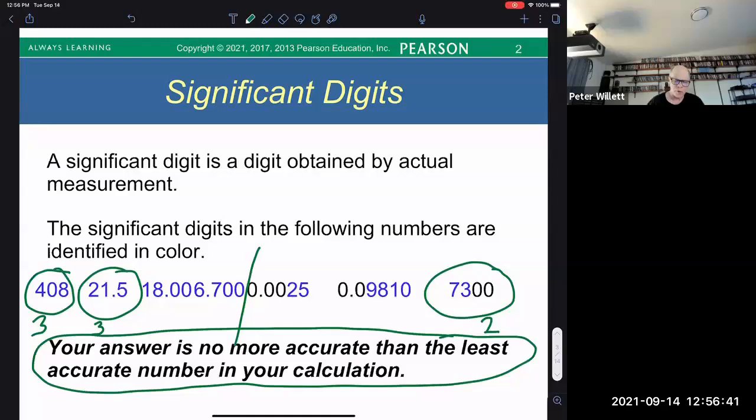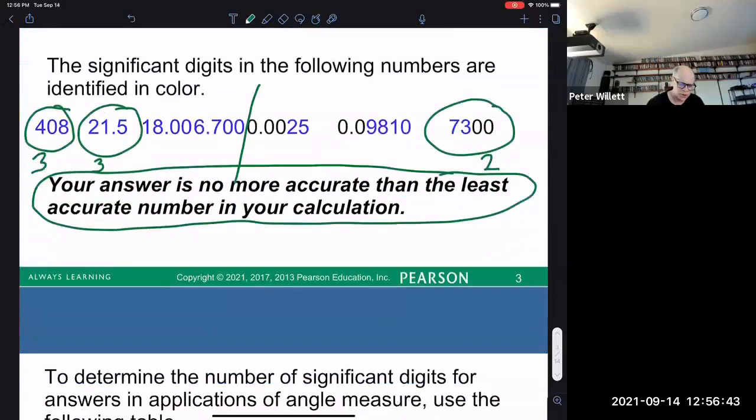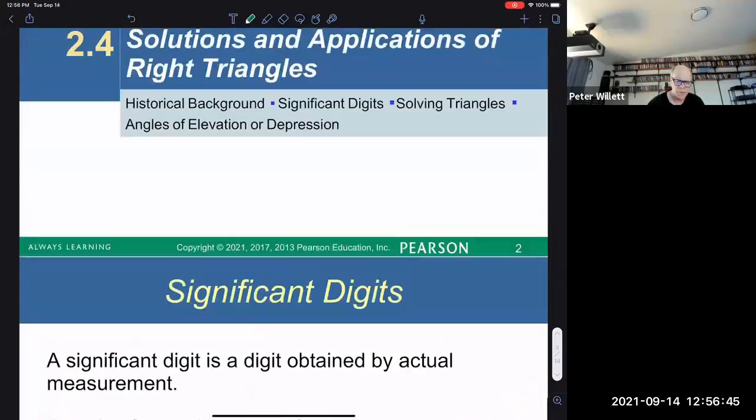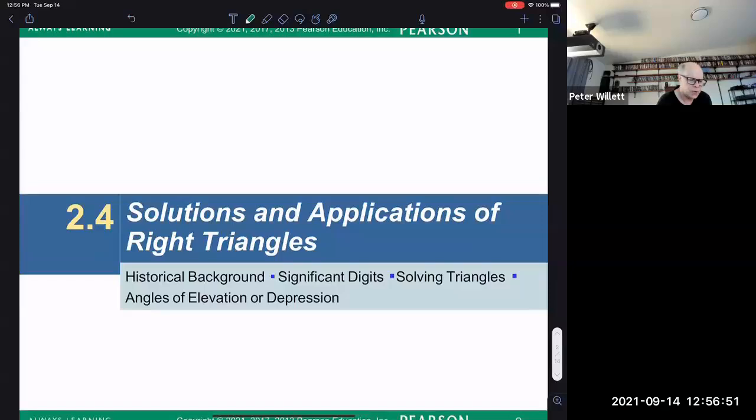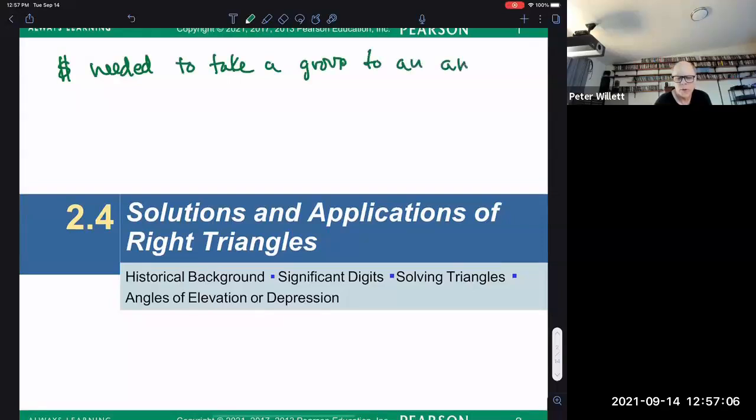So let's say, for example, to try to illustrate this significant digits, I'm going to go have some blank space to play with. Let's say I want to determine the money needed to take a group to an amusement park.